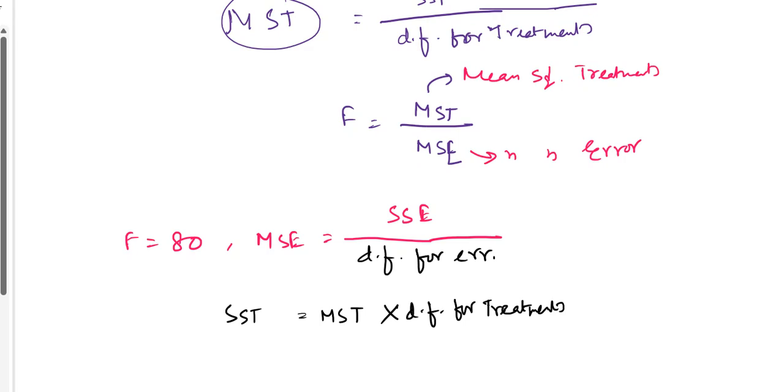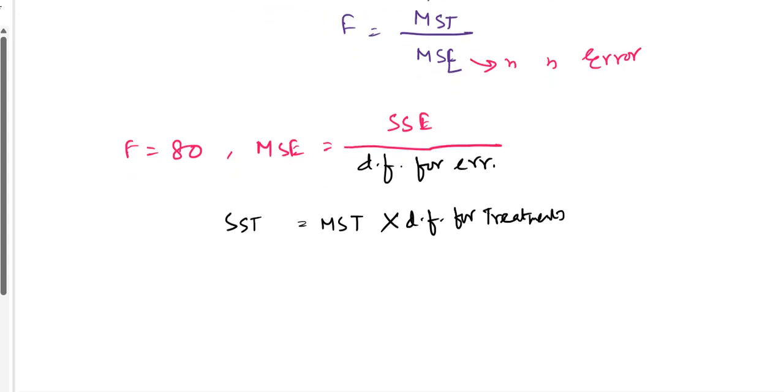SST means the total sum of square, that means SST plus SSE, the value of that total sum, that is 1500.